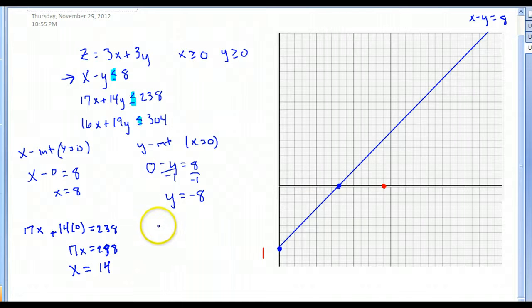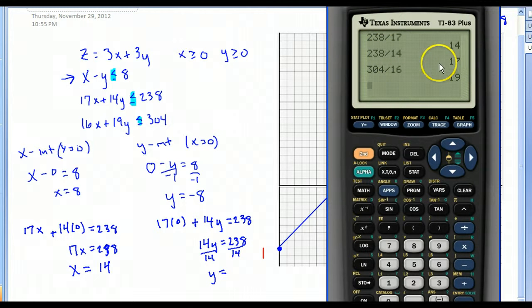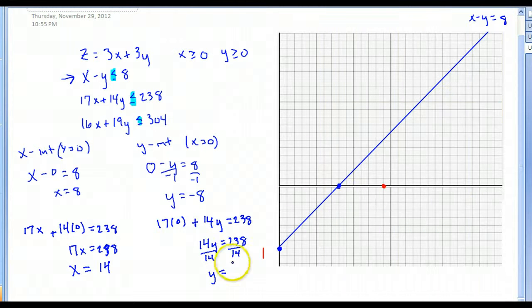Alright, and now let X equal 0, so I get 17 times 0 plus 14Y equals 238. So I just have 14Y equals 238. Divide both sides by 14, and I get Y equals 238 divided by 14, which is 17. So Y equals positive 17.